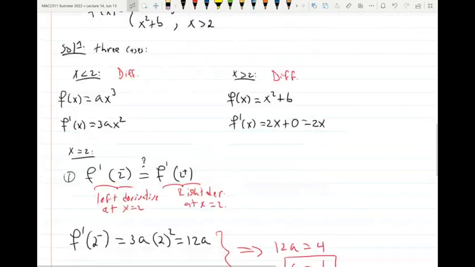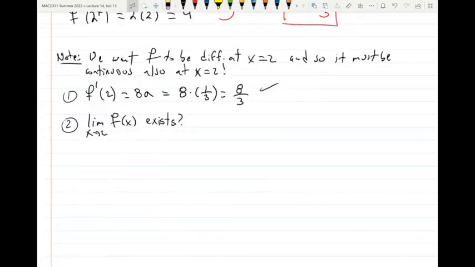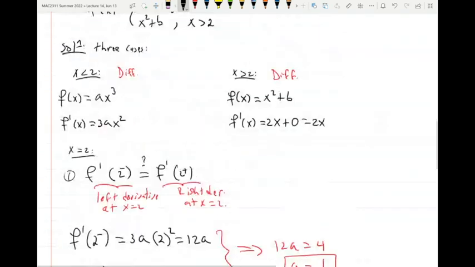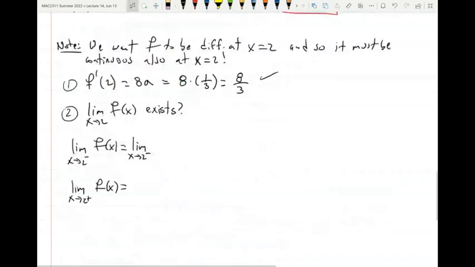Because that's the point at which the function changes form. Now this is just a function. There is no difference quotient here. So limit as x approaches 2 from the left, and then limit as x approaches 2 from the right. Okay, so from the left, remember x is less than 2. So what formula do we use? First one, which is ax cubed.